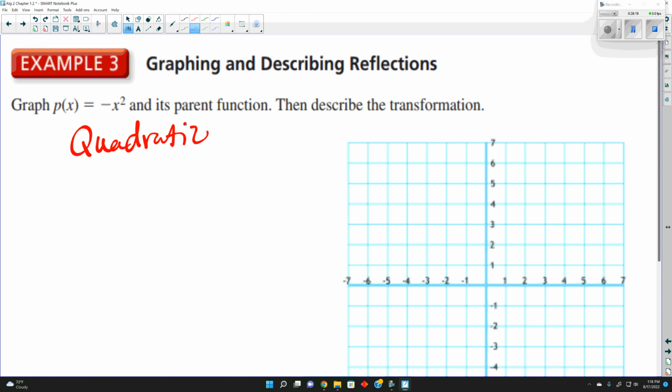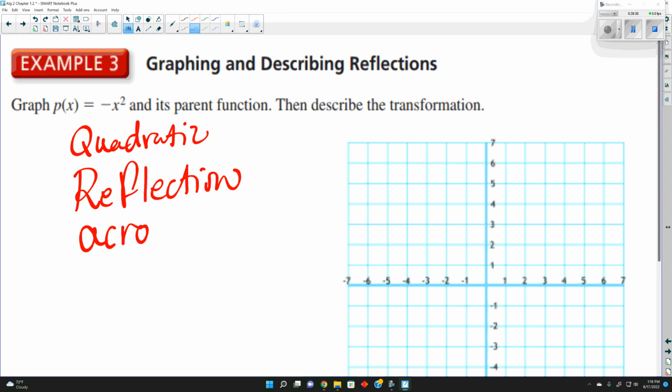But we do have the negative, yes? So it is a reflection across the... yes. And again, the negative is purely talking about reflection, nothing else, okay?